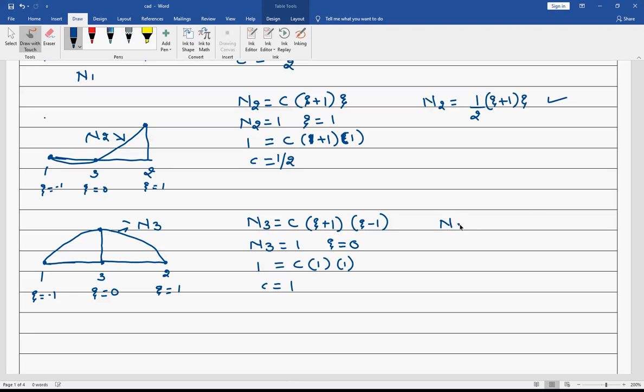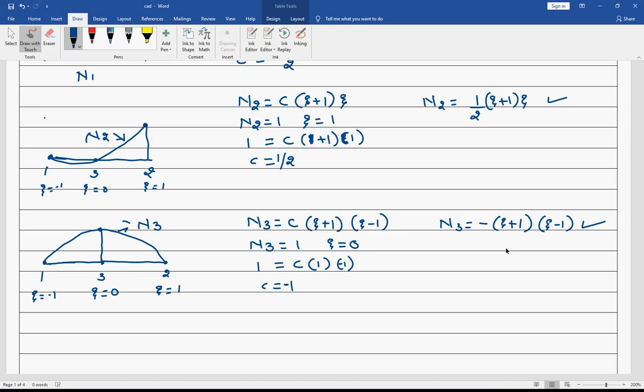Therefore I could write N3 as minus of xi plus 1 into xi minus 1. This is how I am going to get N3.